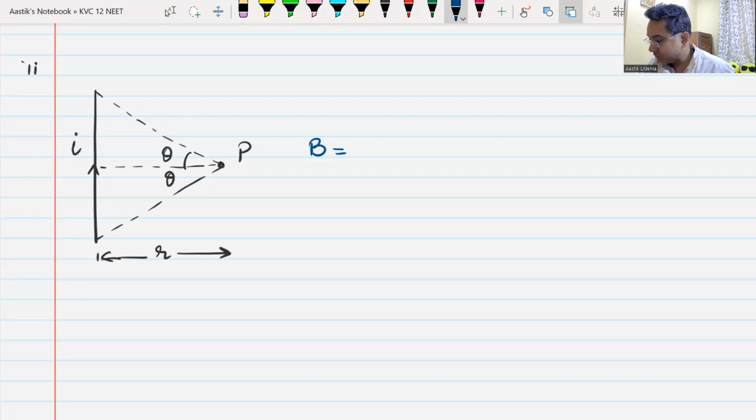Mu naught I by 4 pi r sine theta. Take a deep breath and think again and tell me the answer again. Look at the formula again.